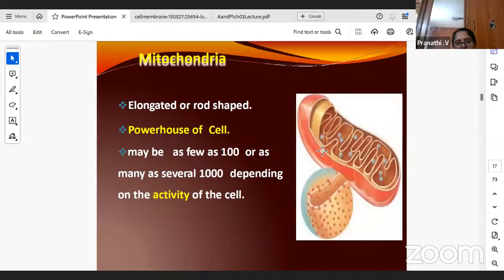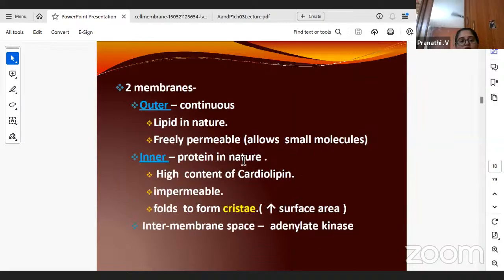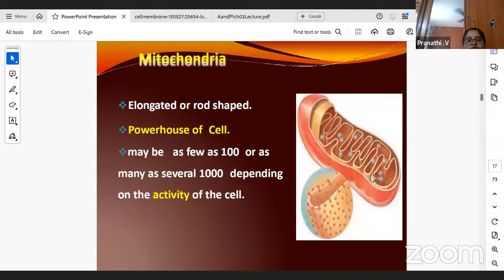The inner membrane is proteinaceous in nature. Again, you have one particular component called cardiolipin, which is present. It is not permeable and it folds in the form of cristae. The particular necessity for it to form in this way is that it can accommodate more, so that the surface area becomes less.